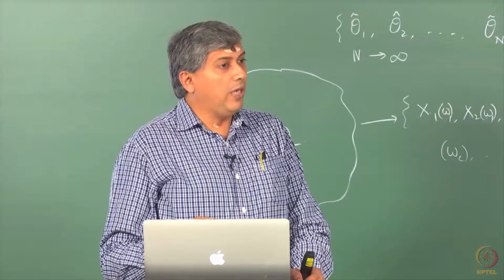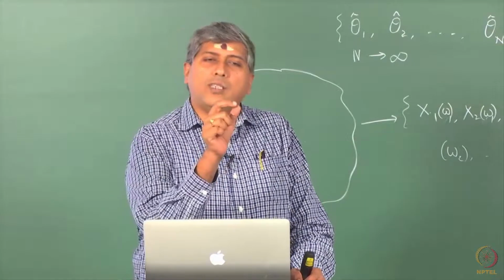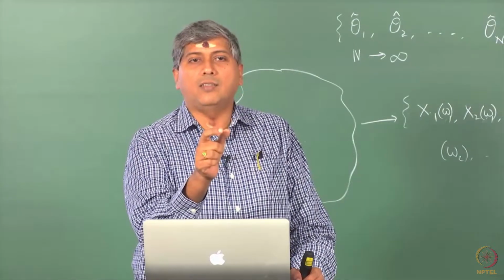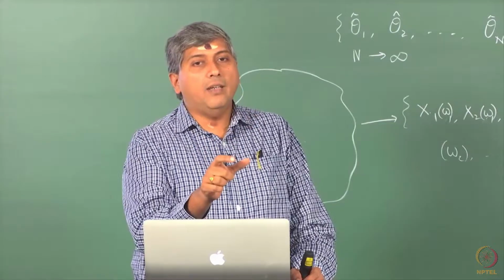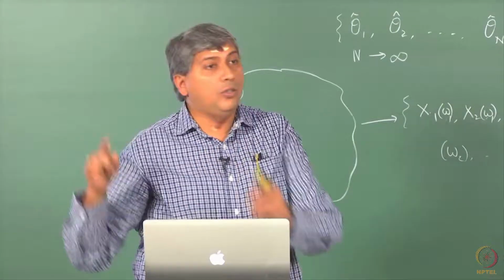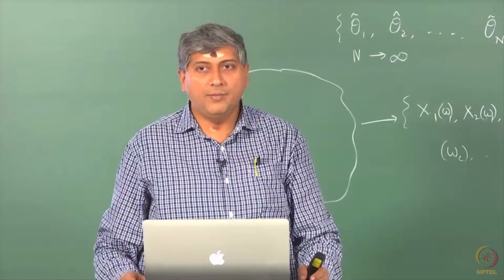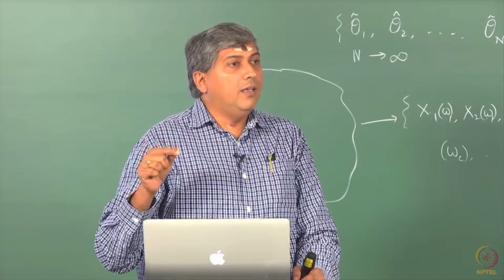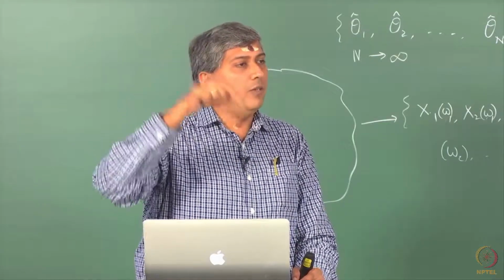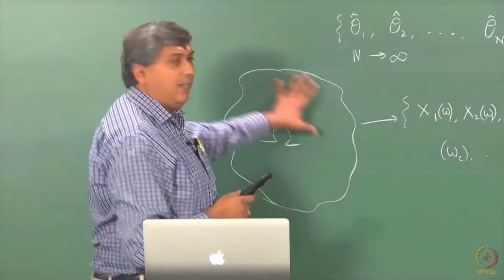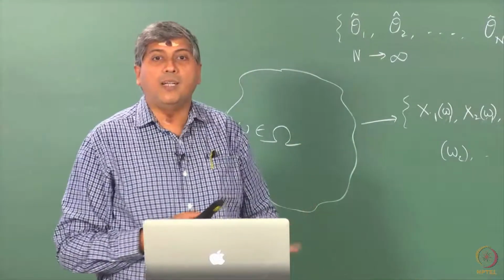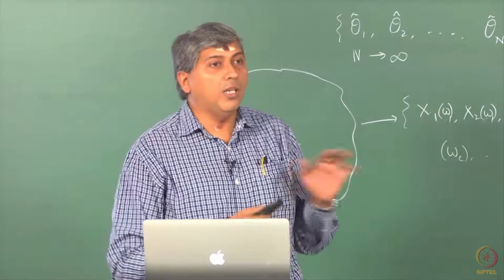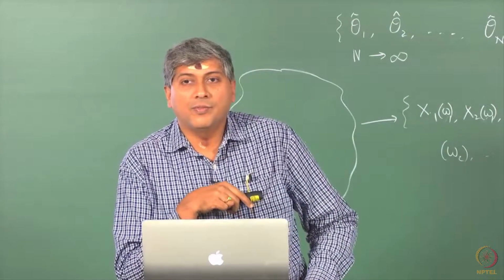But that is a very strong requirement. Almost sure convergence relaxes that requirement a bit and says it is okay for some sequences not to converge to a random variable, but they should be for those triggers which are called 0 probability events. What are 0 probability events?